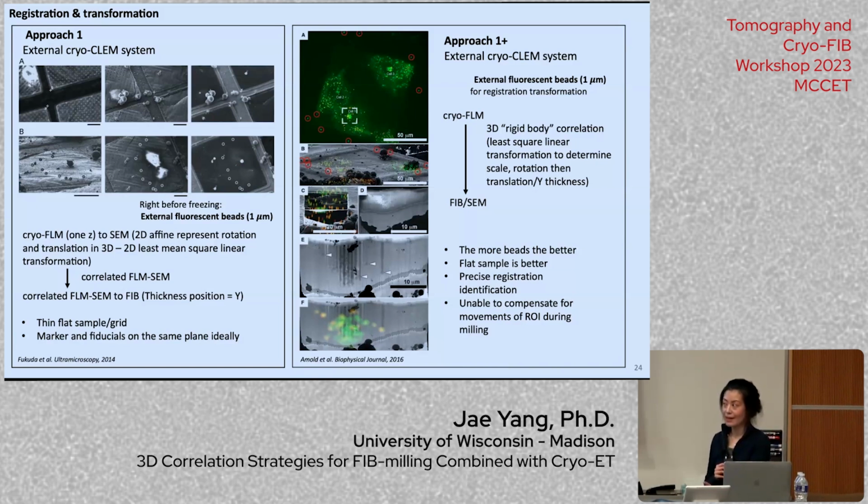And because it doesn't have the translation information, the translation information is a little bit shaky. So to compensate for it, you need a lot of beads, because they were using a nonlinear transformation, which is a least squares nonlinear transformation.